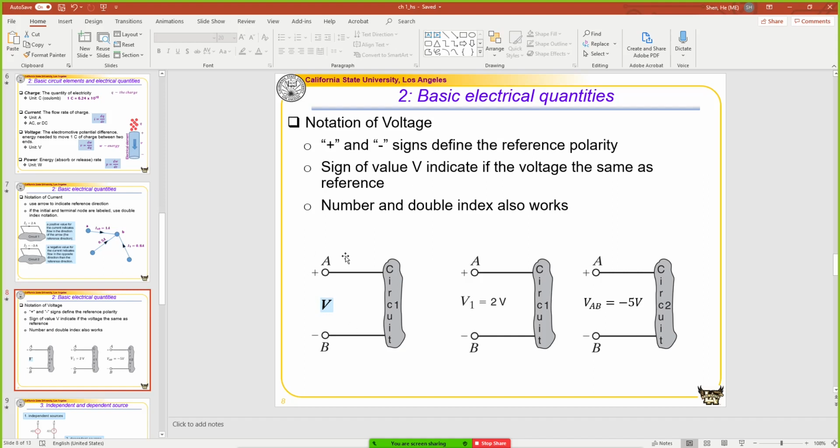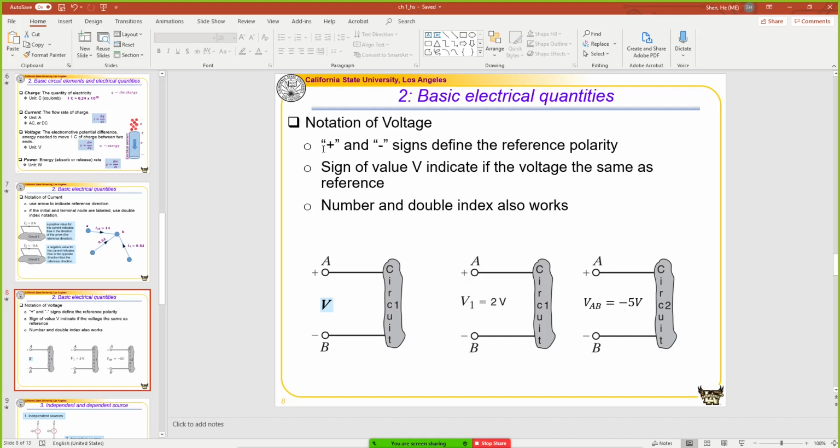So in this case, if I put the plus sign here and the negative sign over there, it means the electrical potential difference between A and B, or you can say A with respect to B, that is equal to V. It means how high the electrical potential of A is compared to B.